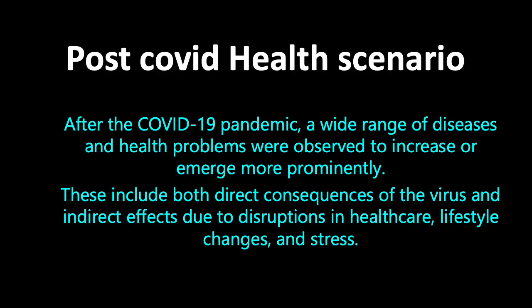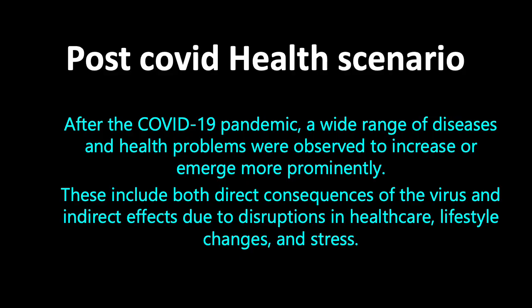After the COVID-19 pandemic, a wide range of diseases and health problems were observed to increase or emerge more prominently. Okay, we see a lot of new health problems that emerge after the COVID.